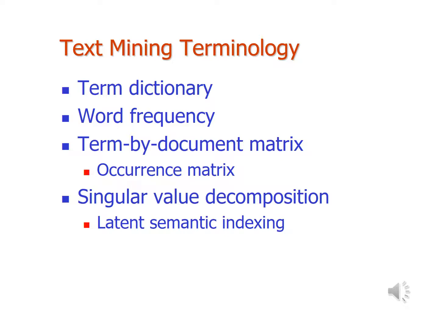And then singular value decomposition, which we won't talk about a whole lot, but basically it's a process of going through and identifying the level of variability in your word set, in your text files, and being able to construct components that represent some percentage of that variability.